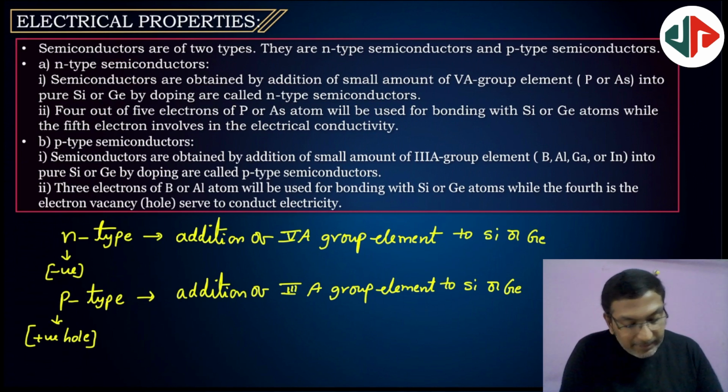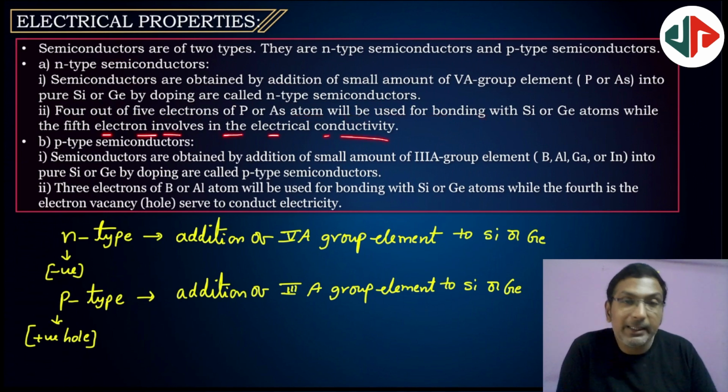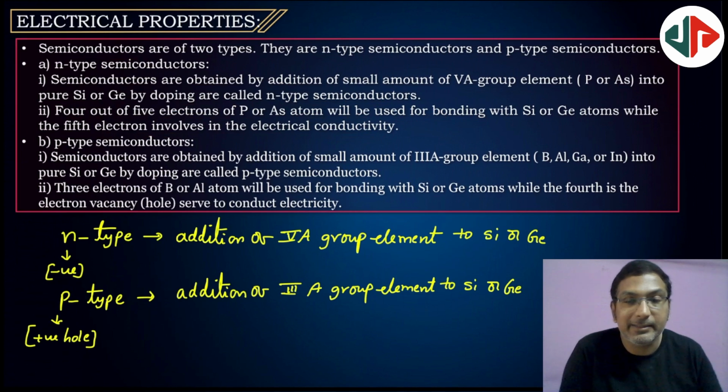See why it is N type: 4 out of 5 electrons of phosphorus or arsenic will be used for bonding, while the fifth electron is involved in electrical conductance. One electron is in excess. So 4 electrons are used in bonding and 1 electron is free, which is involved in electrical conductance. Due to the excess of electrons, this becomes negative type.